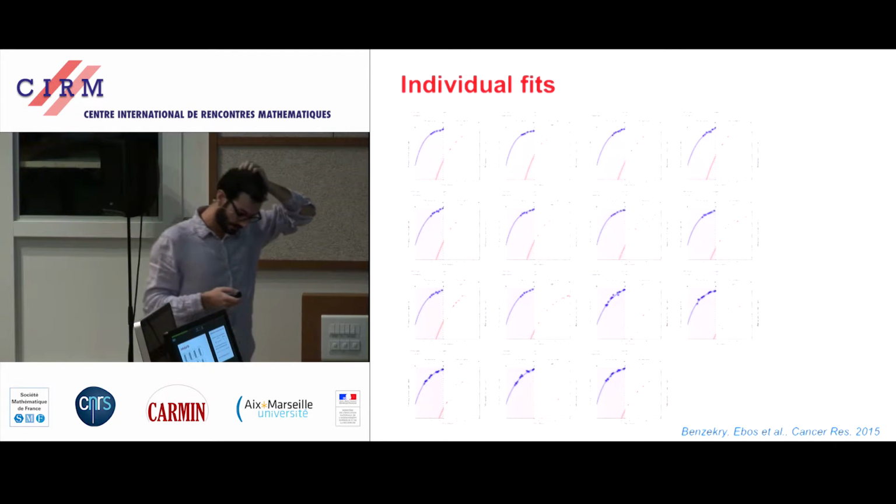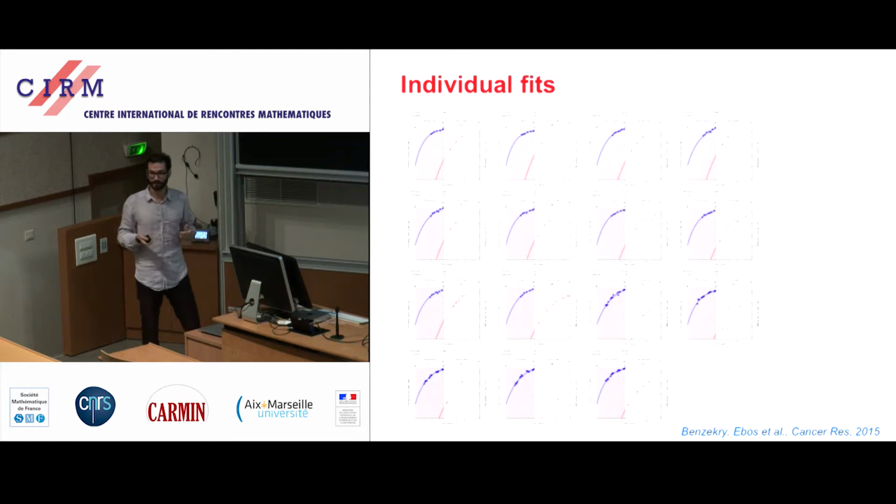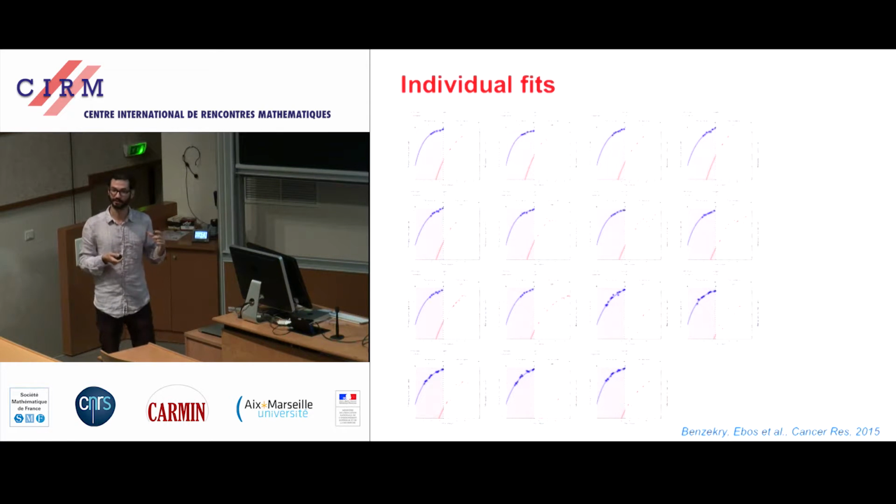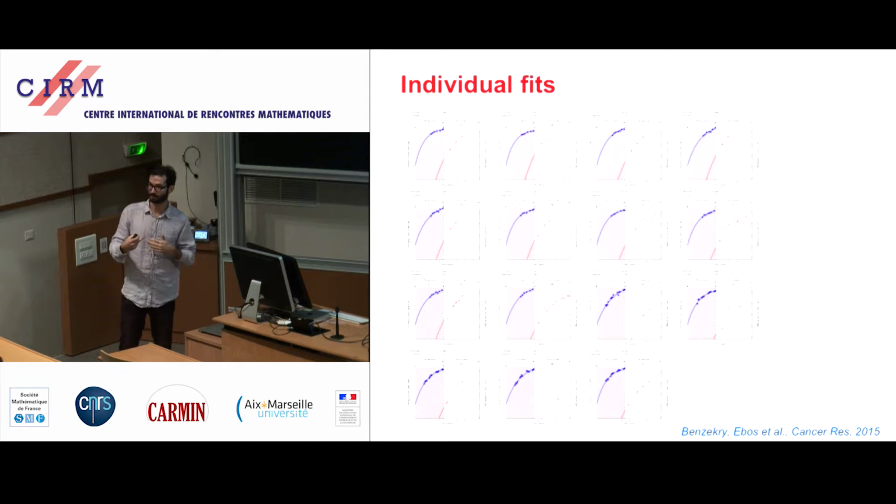And so in order to improve the quality, the robustness of your estimation, you would like to use this data at the population level. You say, okay, I know that all these mice come from the same population. They have something in common. They are all developing the same process.